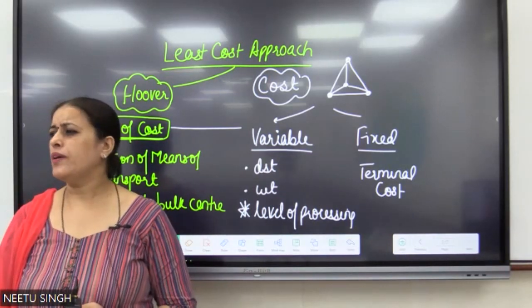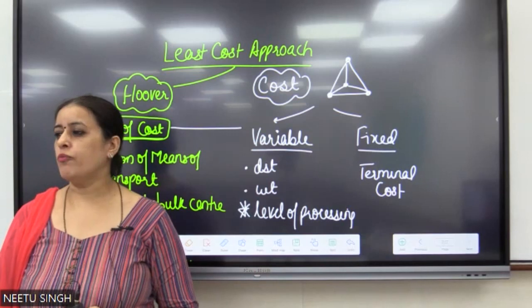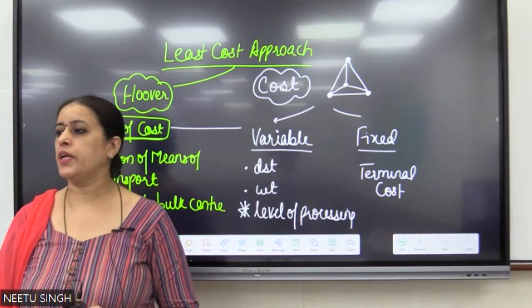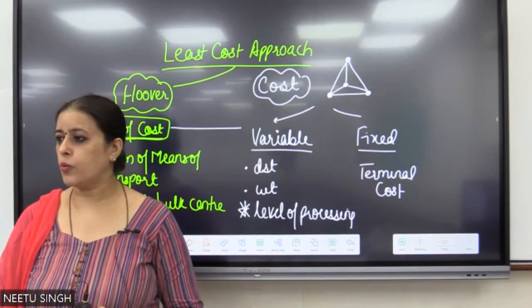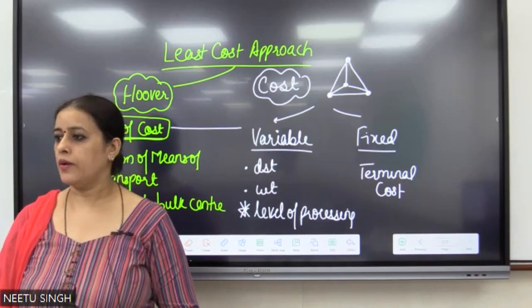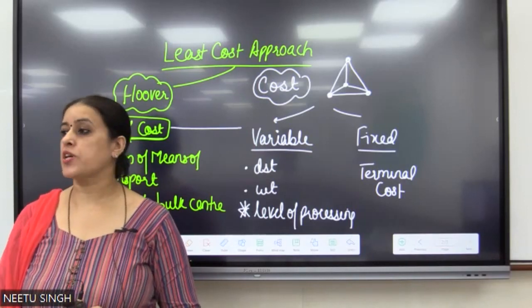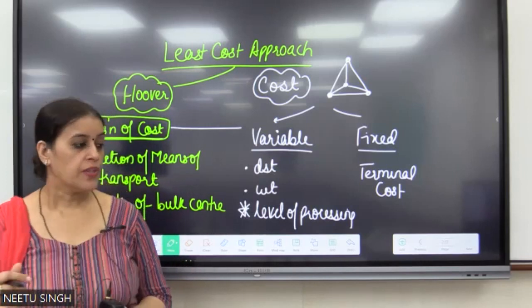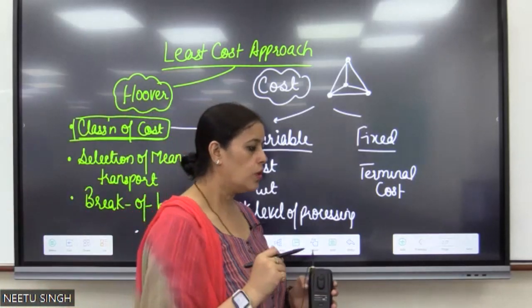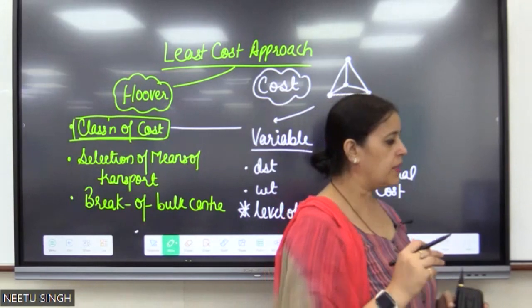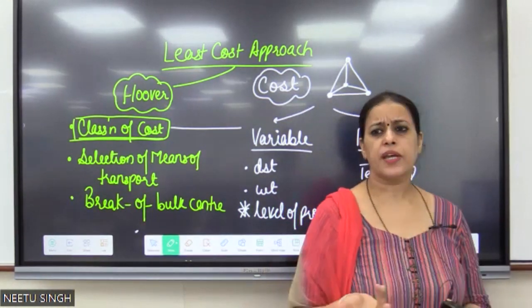Will I have to pay? Someone is providing me with the raw material, loading, unloading from raw material 1 source. Will I have to pay? I have to. I cannot compromise because I need to have raw material from that place. Then comes raw material 2. Do I need to apply the terminal cost of raw material 2? Yes, again.